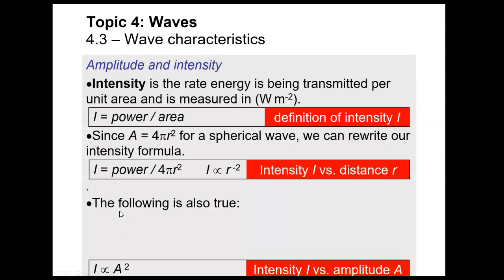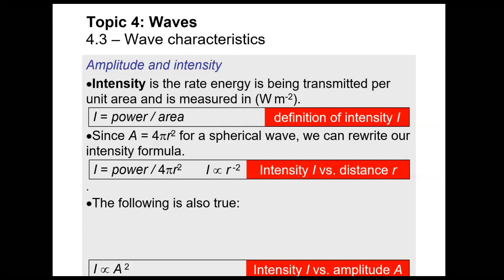Oh, and by the way, the other proportion that we hadn't talked about yet is that the intensity of a wave is proportional to the amplitude squared. Without getting into detail, what you need to know is that amplitude for a wave has to do with the energy stored in the wave. Specifically, the energy in a wave is proportional to the amplitude squared.